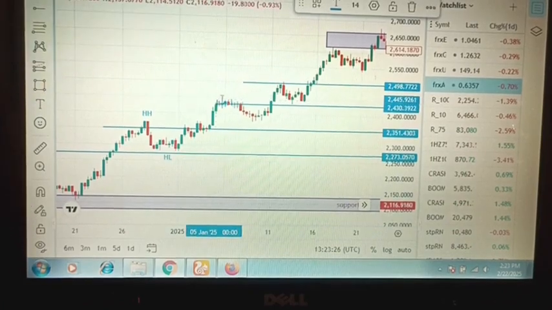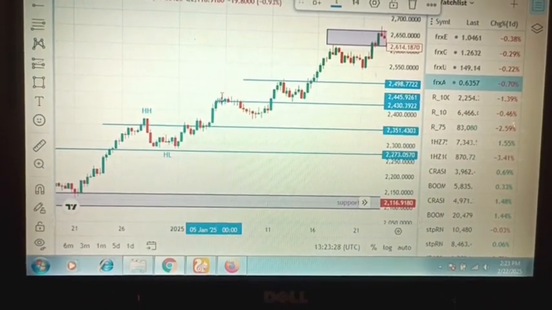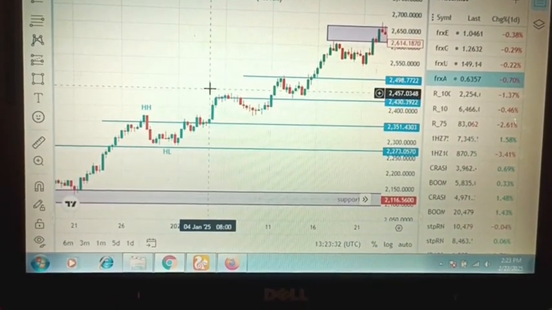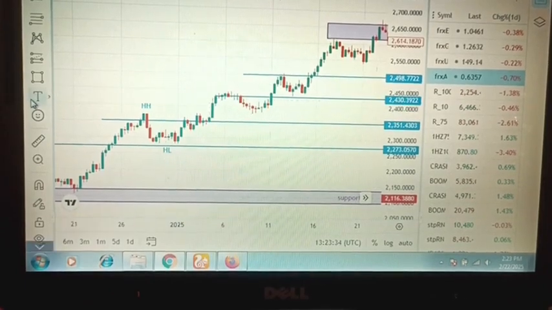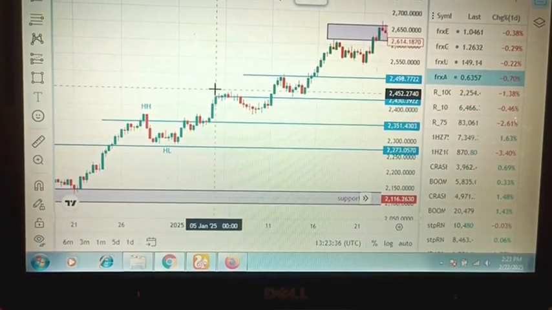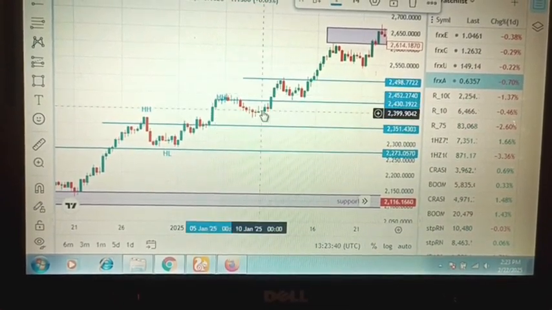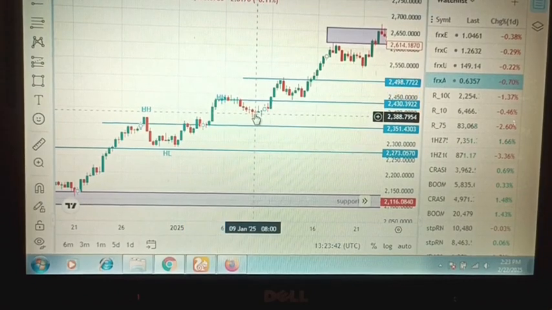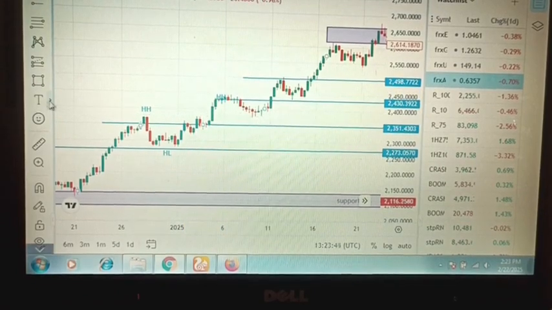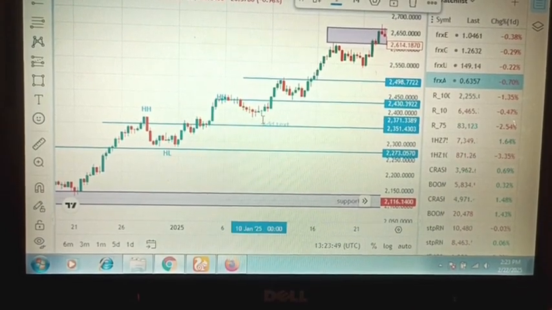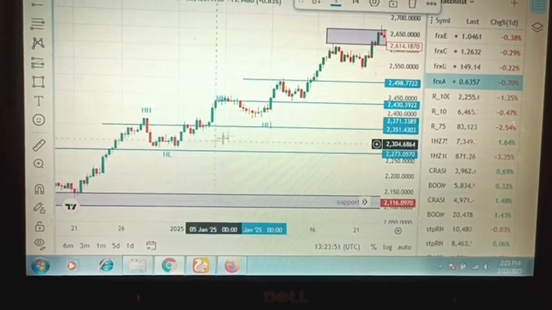You're capturing this again. A higher high, and then a higher low here. Higher low.